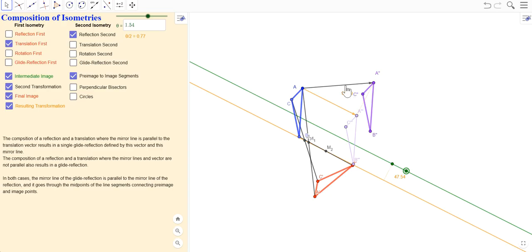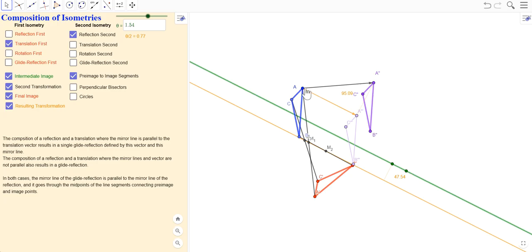If we resolve this vector, the original vector, into components parallel and perpendicular to this mirror line here, we get the parallel component is the vector for the glide reflection, and the perpendicular component, if you look at it, its length is twice the length between here and here.